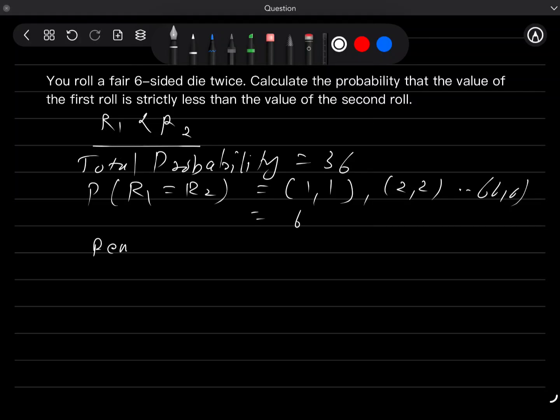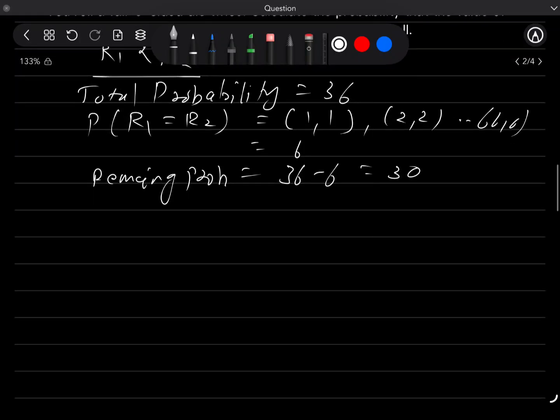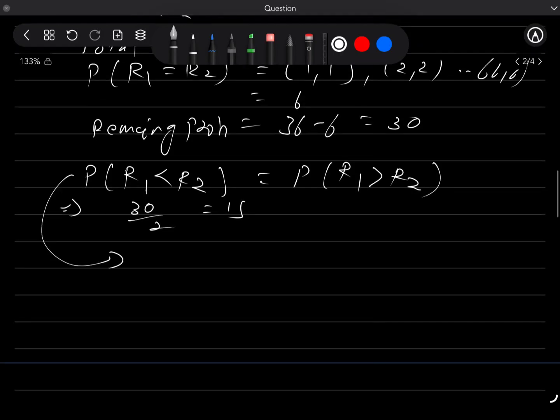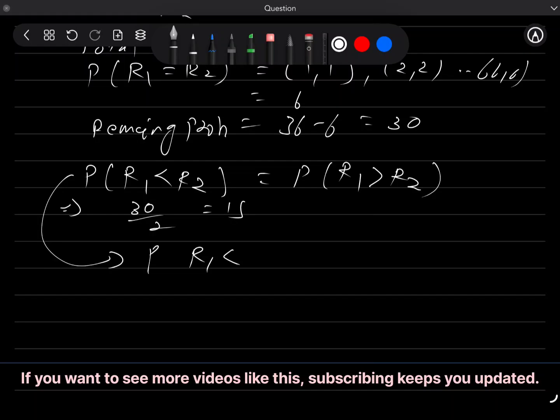Then the remaining is 36 minus 6, equal to 30, and we know the probability of R1 less than R2 is equal to the probability of R1 greater than R2. Therefore 30 by 2 is 15, and the probability of R1 less than R2 becomes 15 by 36, equal to 5 by 12.